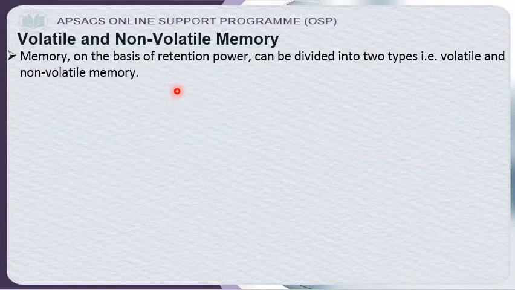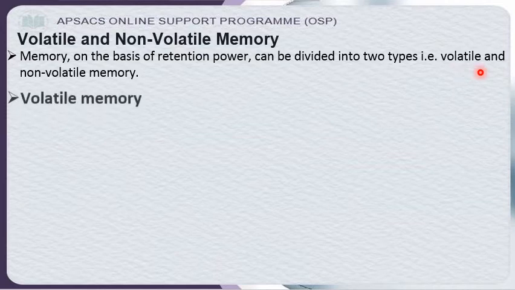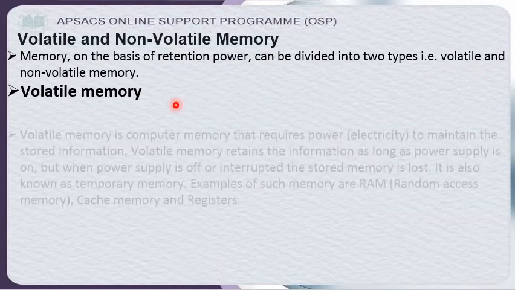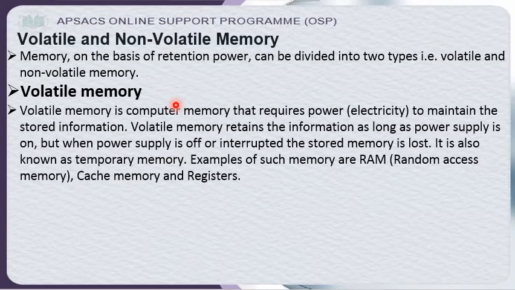Memory on the basis of retention power can be divided into two types: volatile and non-volatile. I think most of you know what volatile memory is. Volatile memory is that type of computer memory that requires power, that requires electricity, to maintain the stored information.